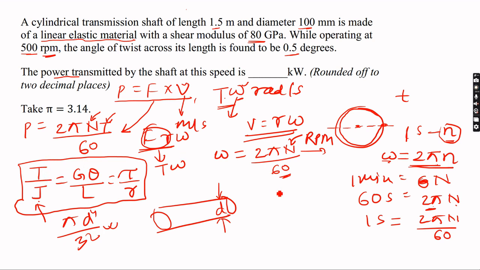So from this formula, you can write T by J equal to G theta by L. Now you can see, J you can find because the diameter is given. G is also given, theta is also given, L is also given. Then you can find T from here.